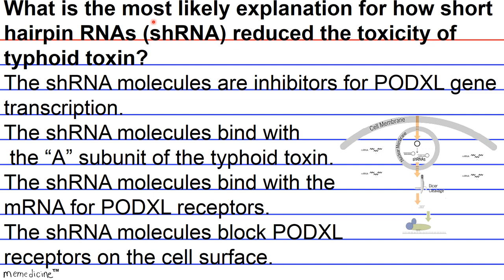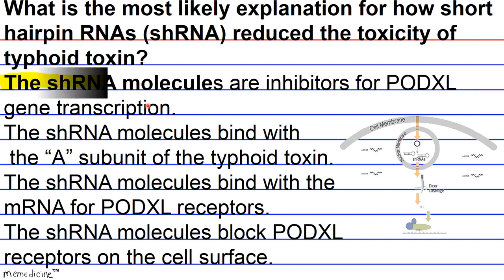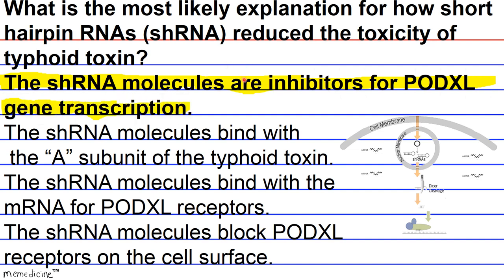So without PODXL receptors, the cells will not bind the typhoid toxin. So basically, the shRNA molecules are inhibitors for PODXL at the level of gene transcription. As the Bible says, they dried it up from the root. So it never came into existence. Okay? All right.